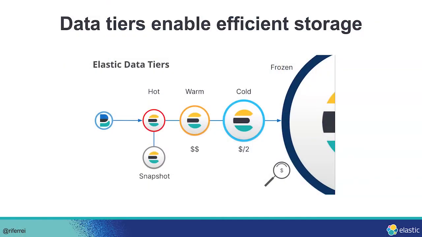The second feature is the concept of data tiers. This is not necessarily something new in Elasticsearch. It has been available for a while now, but it is something that allows developers to organize the data in a way that you can leverage different hardware configurations in your cluster.